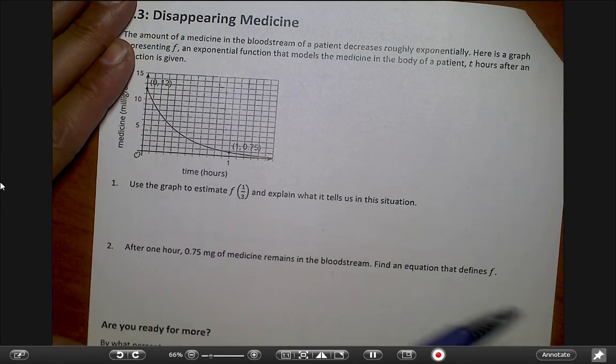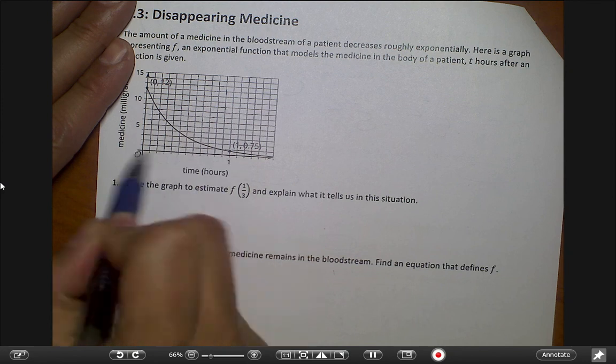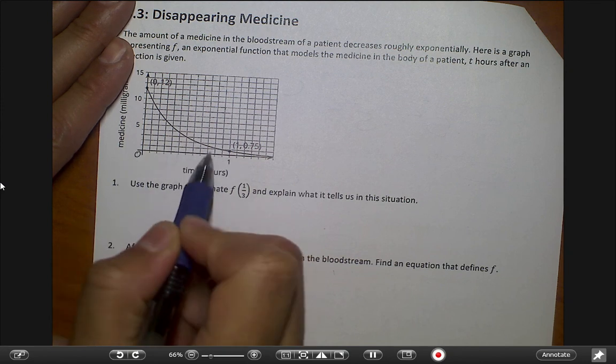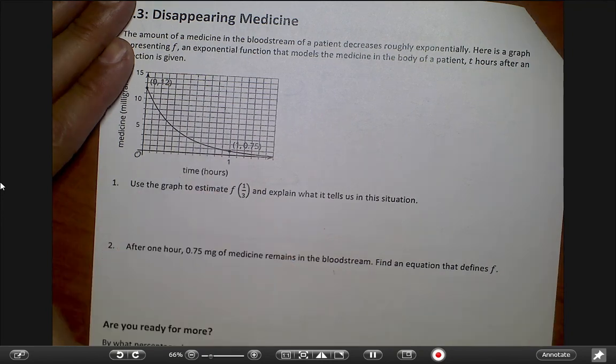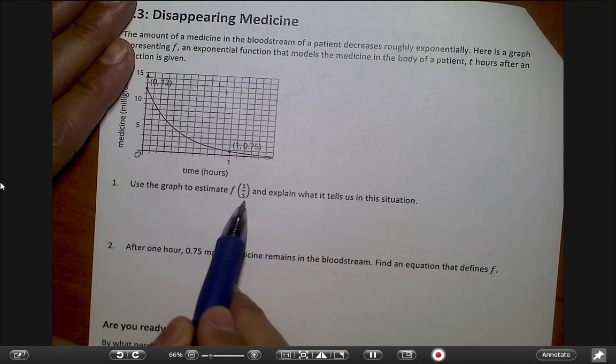So, let's break it up into time. Let's see, there are 12 marks in between here and here. So, if I want to break it up, if there's 12 marks in groups of 3, it's going to be 4. Because you want it divided by 3, that's what 1/3 is.